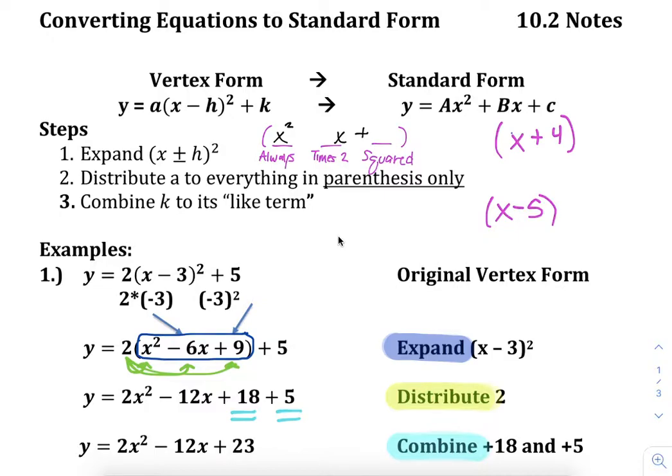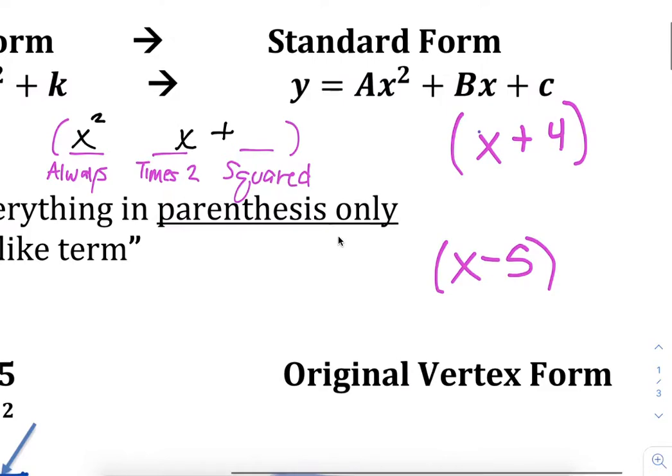Okay, here's the pattern for that. No matter what, you're always going to have x squared first. So let's say I was using this binomial, x plus 4 squared. My first piece is always going to be x squared. The middle number is going to be times 2 of whatever's at the end.